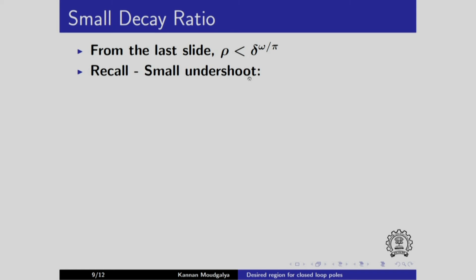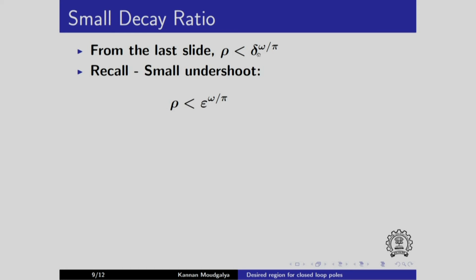Recall the small undershoot requirement, what I had in red: rho is less than epsilon to the power omega by pi. As I mentioned earlier, this epsilon is generally less than delta. For example, we might say overshoot to be 10%, 5%. 5% means 0.05 epsilon. If it is 10%, 0.1, 20% is 0.2, whereas decay ratio is usually 0.25 or larger.